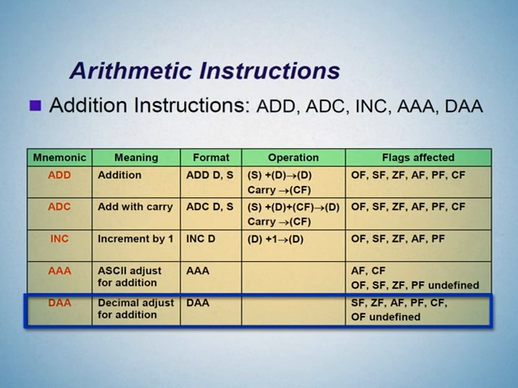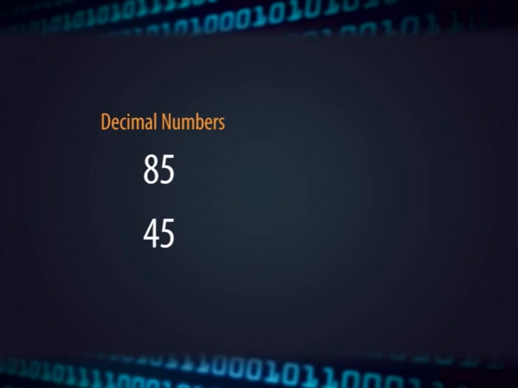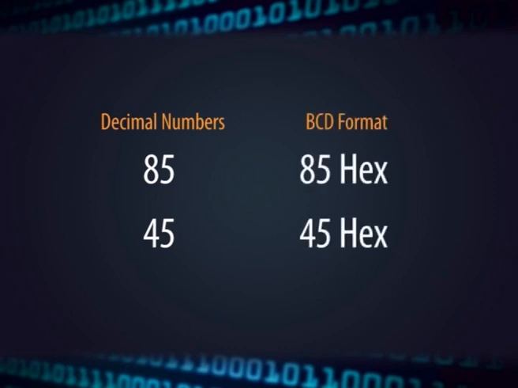The next important arithmetic instruction is DAA, which specifies decimal adjust for addition. The instruction is useful when the numbers are represented in BCD format and the result of the addition of two BCD numbers should also be in BCD format. Take the example of two decimal numbers 85 and 45. These numbers will be represented in BCD format as 85 hex and 45 hex.